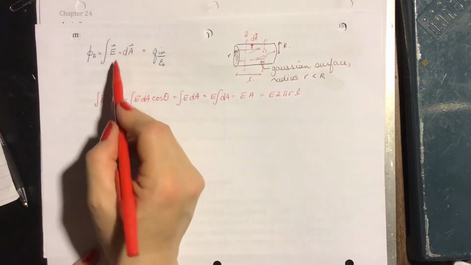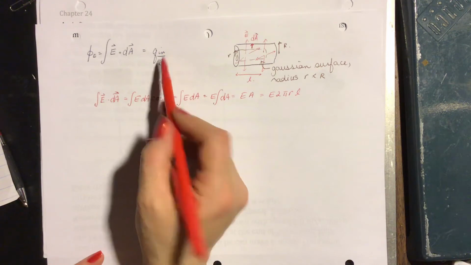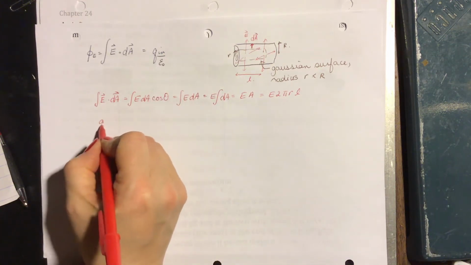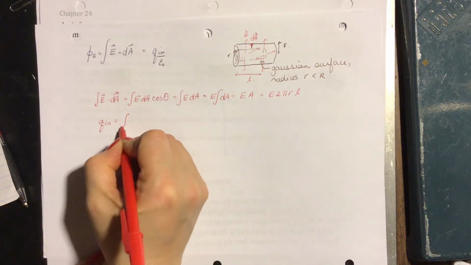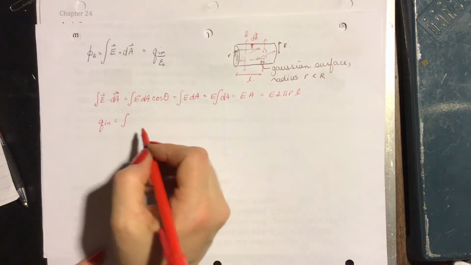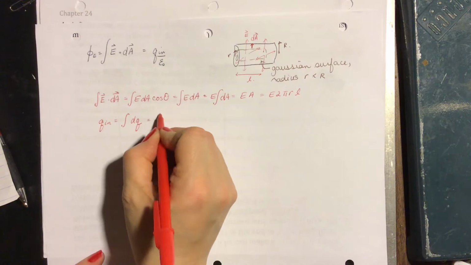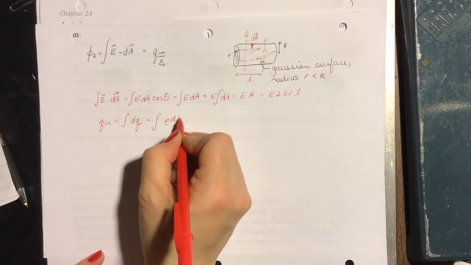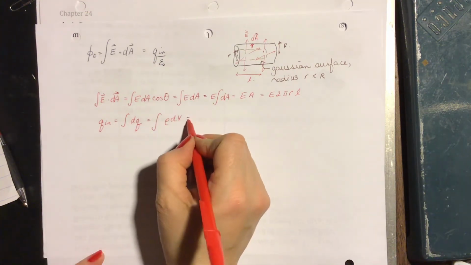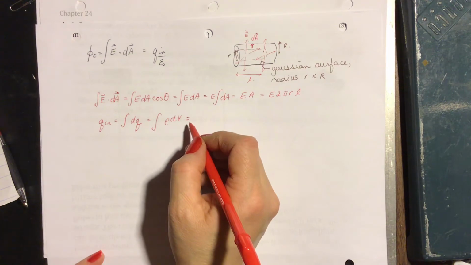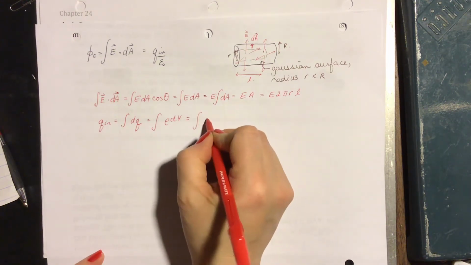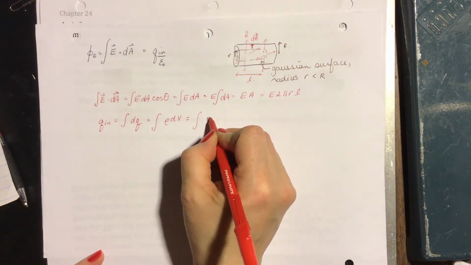What about our right-hand side? What is Q in? Q in is the addition of every little bit of charge inside that cylinder, dq, just like we did in the previous part. dq is rho times dV. Let's fill in what we found for our rho in the last part. Now we're starting to get a little bit confused.